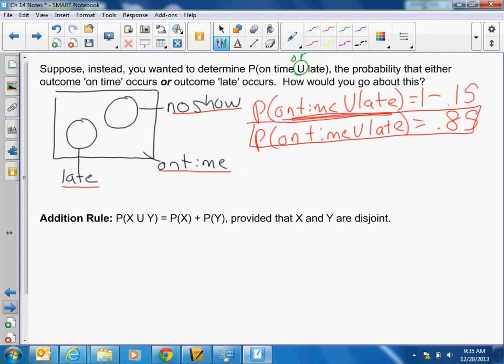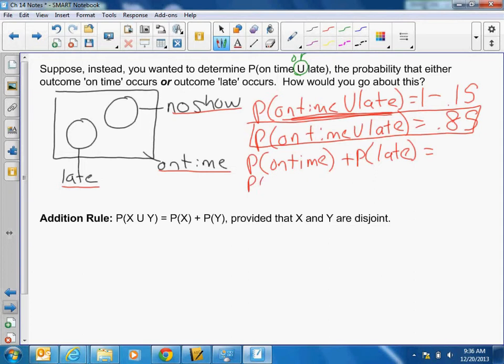But there's a second way to calculate that. Because being on time and being late are again disjoint, mutually exclusive events, they have no overlap between their outcomes. I can't be on time and late at the same time. We can just take the separate probabilities of on time and add that to the probability of being late to get the same thing.